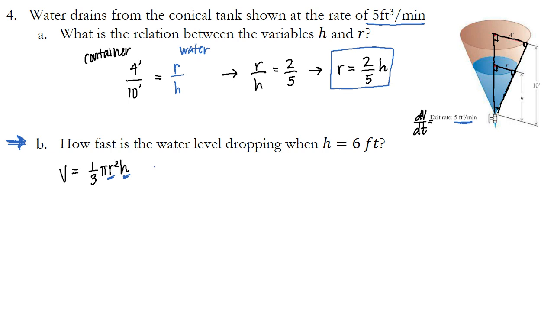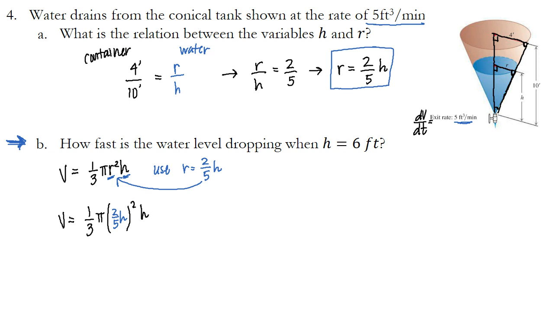Using that fact, for r equals 2/5 the height, we can simplify this equation or eliminate a variable. So let's substitute 2/5 h right here for r. That makes the equation for volume only in terms of one variable, h. 1/3 pi r squared times h, and r is 2/5 of h.